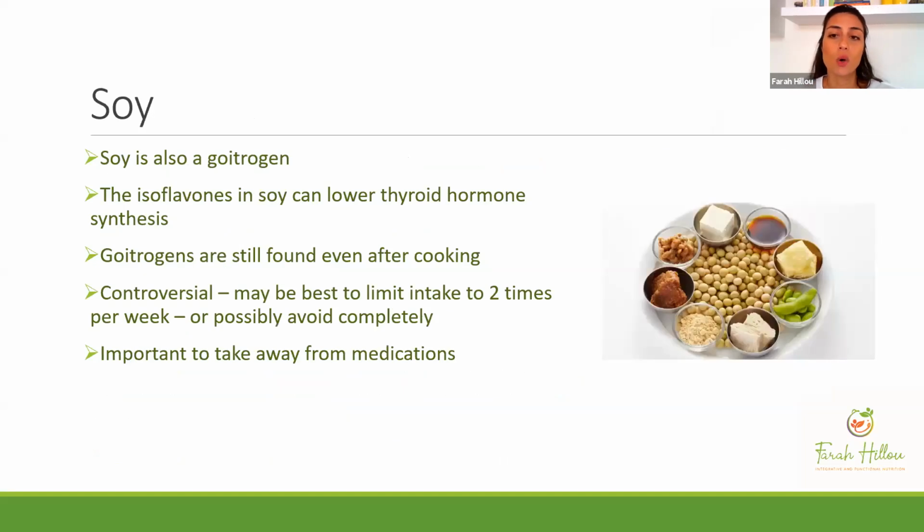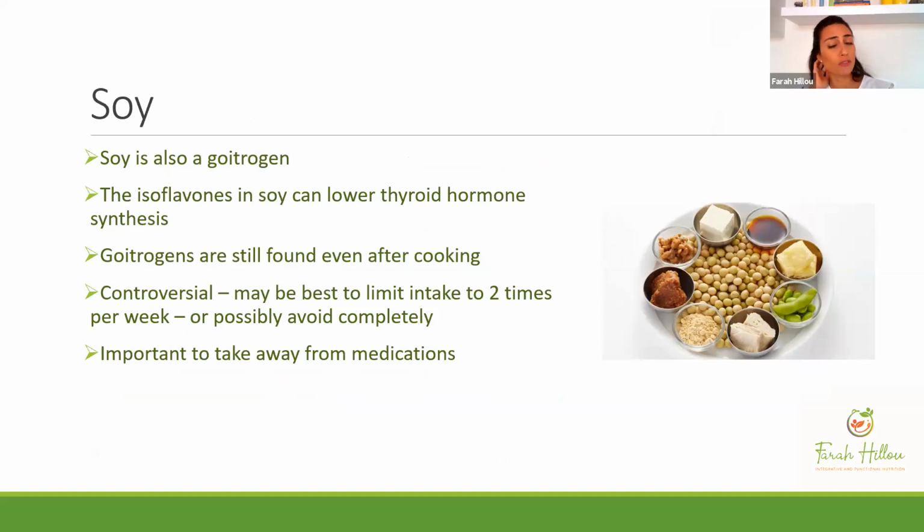Soy is also a goitrogen, and unlike the cruciferous vegetables, with soy, cooking it does not denature its goitrogenic activity. So you will find that some functional medicine practitioners ask anyone with a thyroid condition to avoid all soy, or to really limit soy intake and soy products.